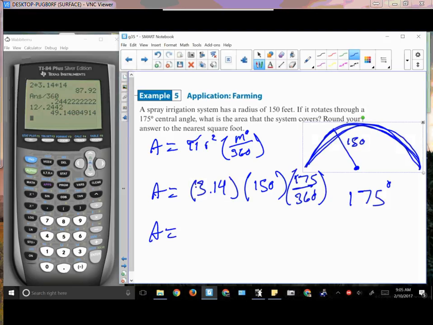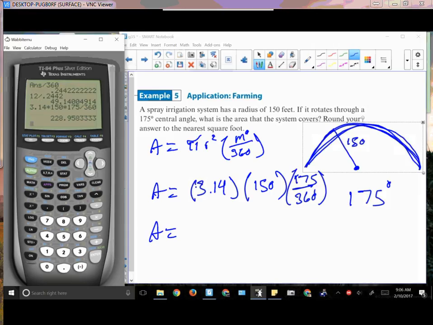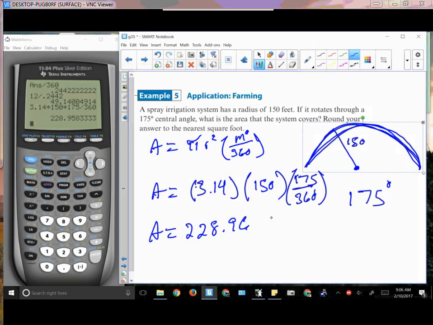So, area is equal to 3.14 multiplied by 150 squared, multiplied by 175 divided by 360. And that should be good. So we get 228.96 feet squared.